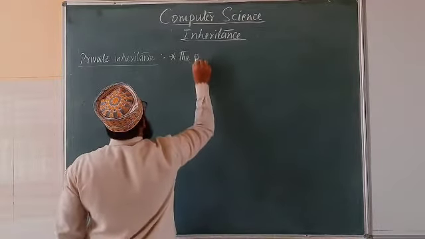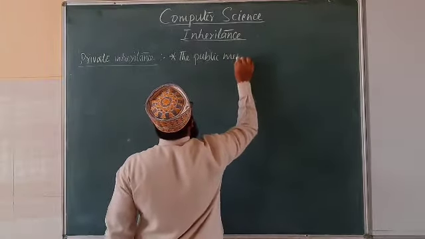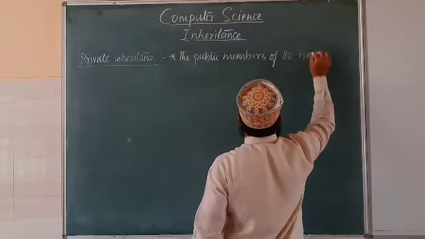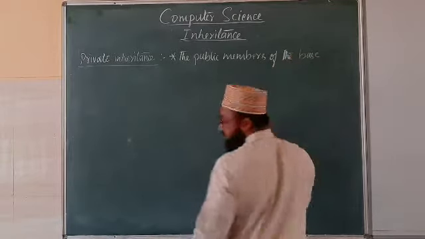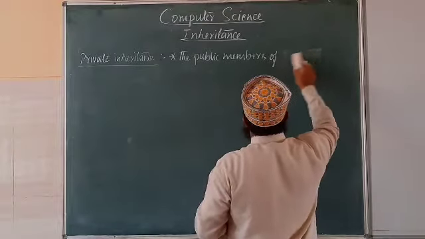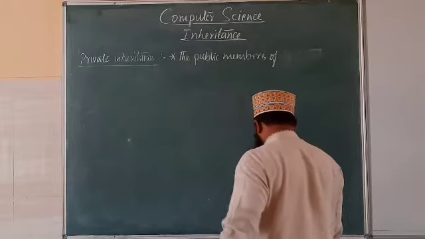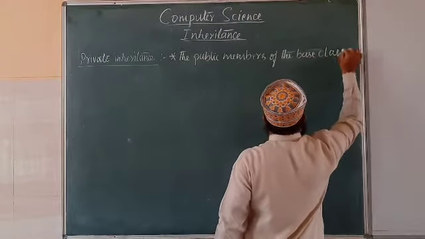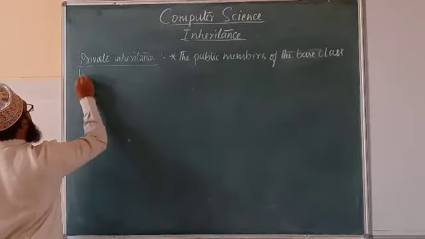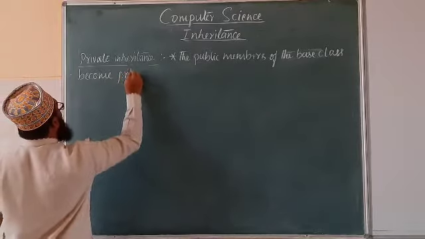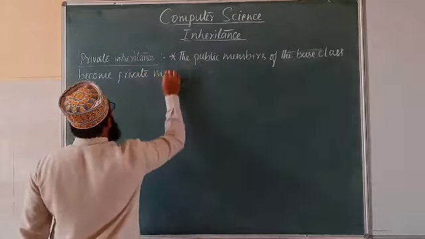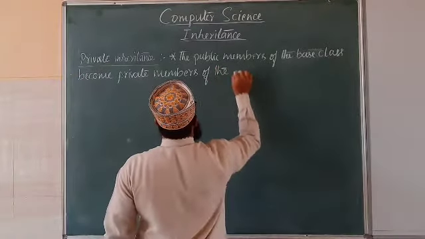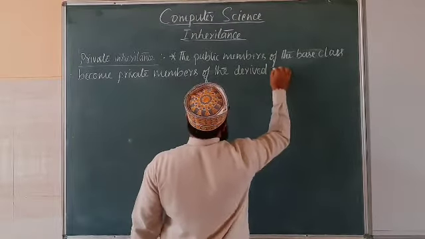The first thing, the public members of the base class become private members of the derived class.